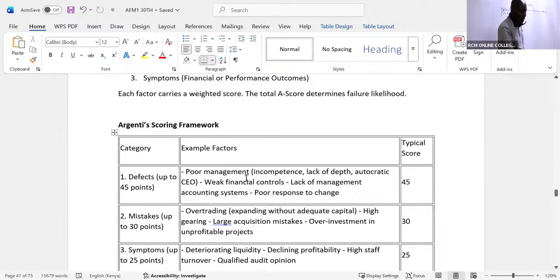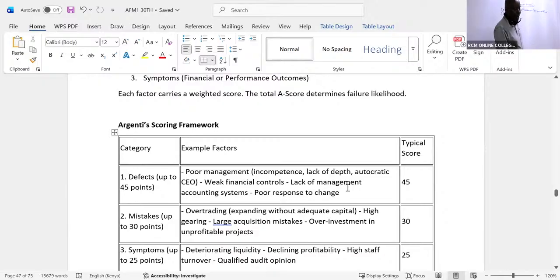For example, poor management, where your managers are incompetent, they lack depth over how to run the business. The CEO, for example, is autocratic, is a dictator. Weak financial controls, lack of management accounting systems, poor response to change.